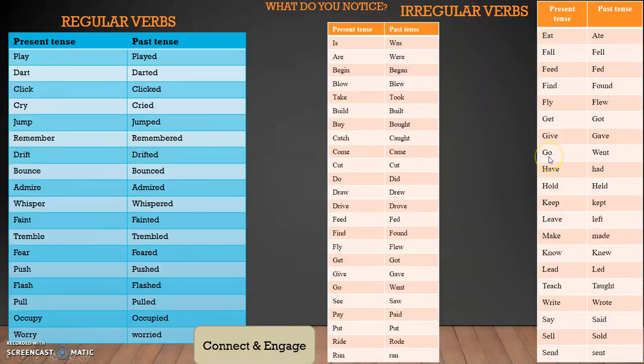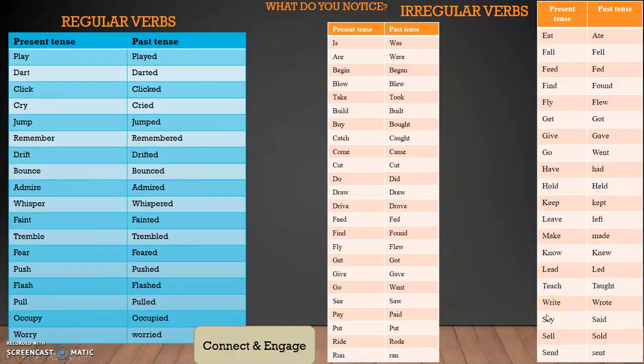Give, gave, go, went, eat, ate, begin, began, blow, blew, see, saw, pay, paid, lead, led, teach, taught, write, wrote.